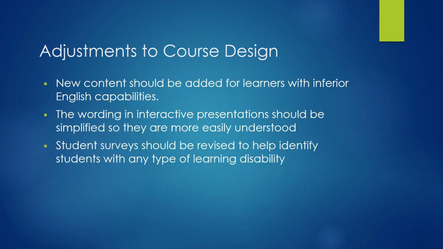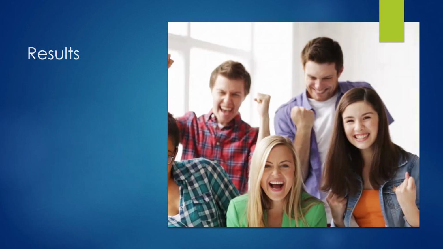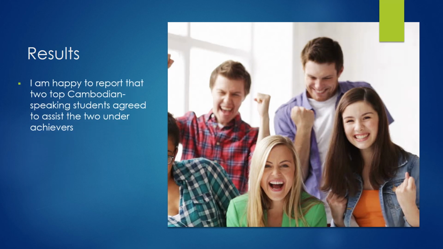Student surveys should be revised to help identify students with any type of learning disability. Analytics should be reviewed earlier in the course and with greater frequency so potential problems can be identified as early as possible.